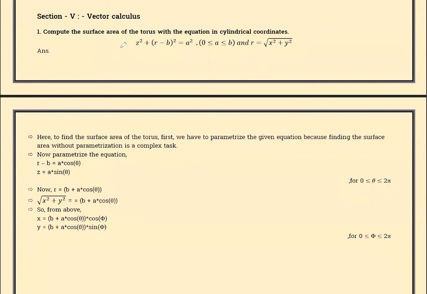Now, in this question, I'm going to find the surface area of the torus, whose equation is z² + (r − b)² = a², where 0 < a ≤ b, and r is equal to the square root of x² + y².